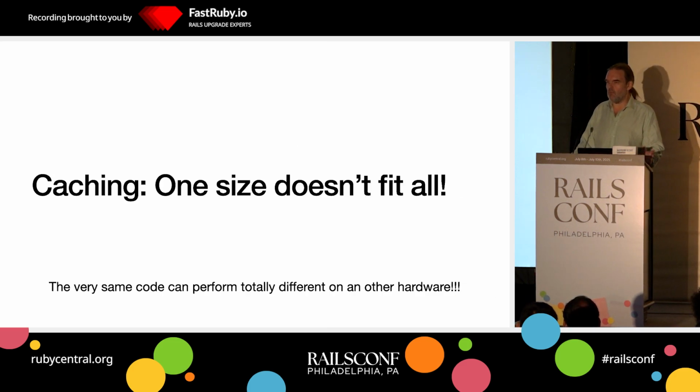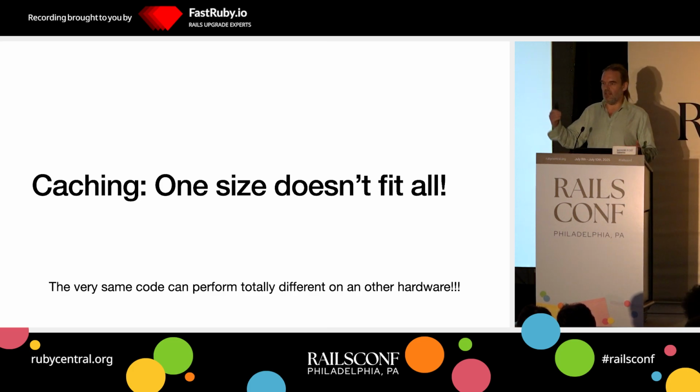So for me, one of the most important things in the daily consulting business is that there's no one-size-fits-all in the caching aspect, because it all depends on how fast is your CPU, how fast is the cache, how fast is the RAM, how fast is the SSD. There's a whole variety.